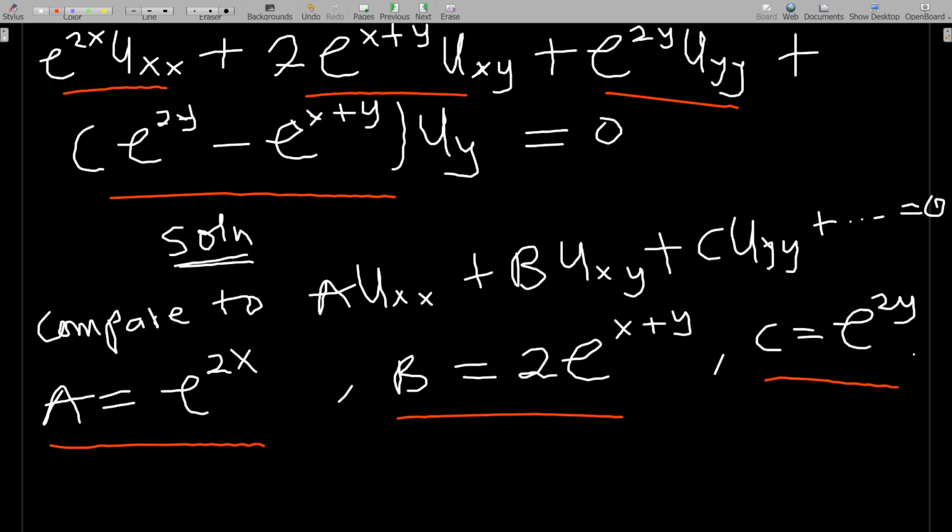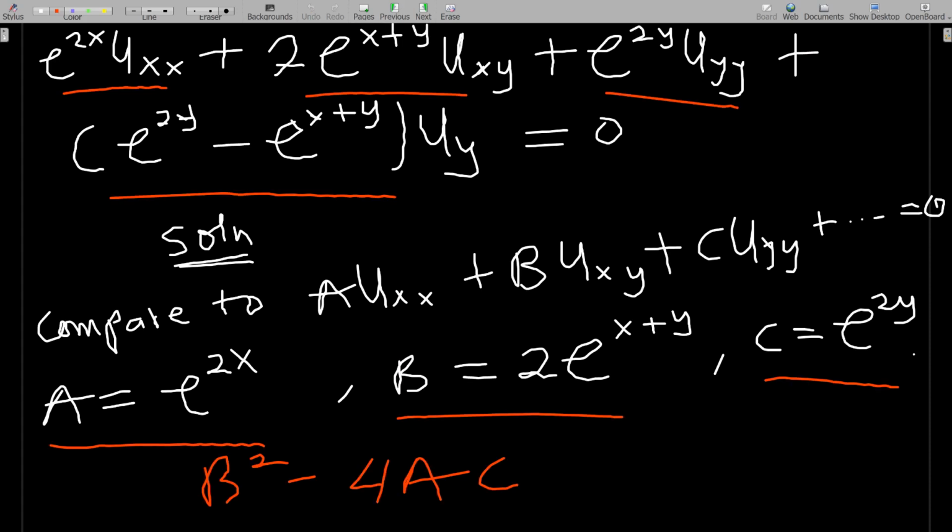Now we use B squared minus 4AC to determine the result. We said A is 2e to the power 2x, this is B, this is C. I'm just going to substitute them into this expression and simplify.